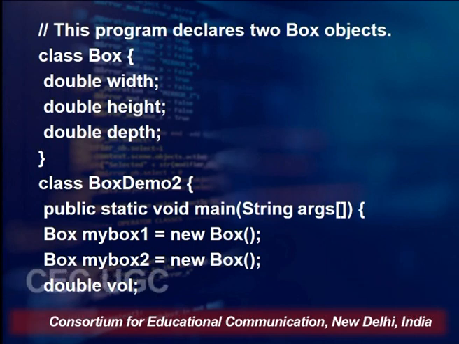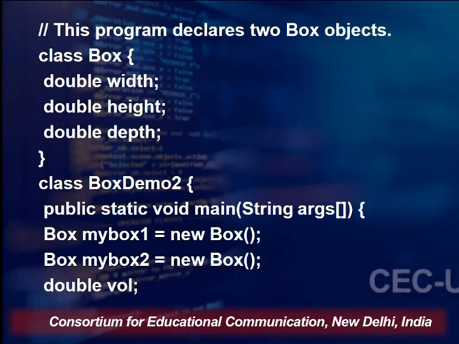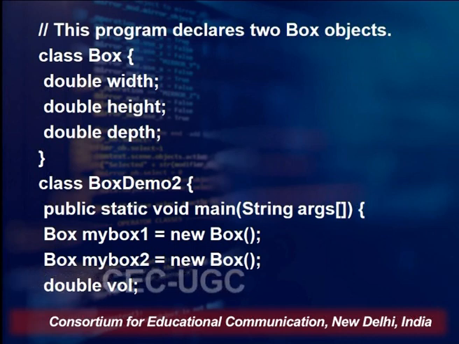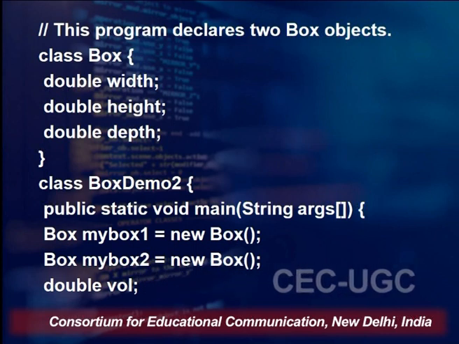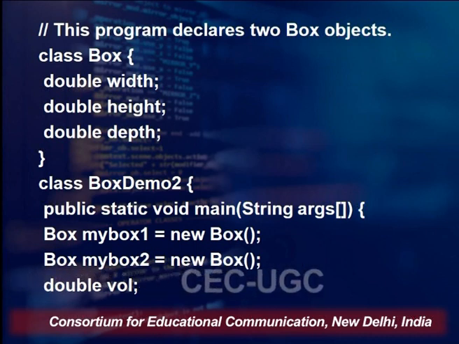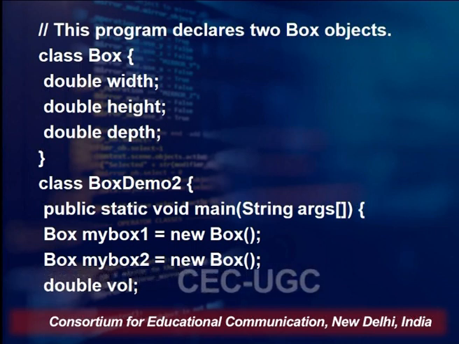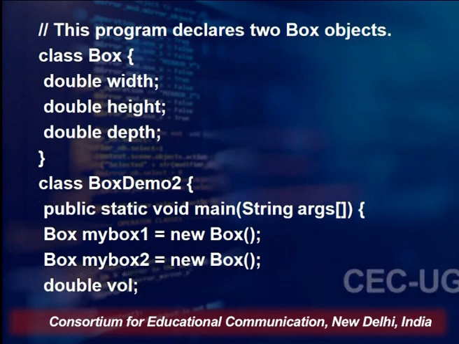Then we have BoxDemo2, and within the main, please notice the two statements. One is Box myBox1 = new Box, another one is Box myBox2 = new Box. That means we have created two objects, myBox1 and myBox2. myBox1 has its own set of variables, which are width, height and depth. myBox2 also has a similar set of variables, but yes, separate.